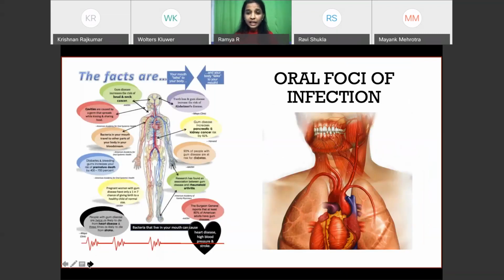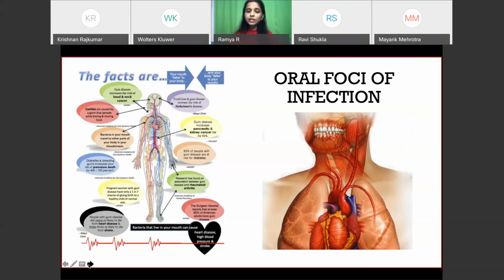And this is another area which is a very favorite area, which I use to motivate my patients especially. This is oral foci of infection. When I started, I said the oral microbial environment is huge and the oral cavity faces very big challenges. The bacterial numbers in the oral cavity are in millions, even if it is a normal flora.